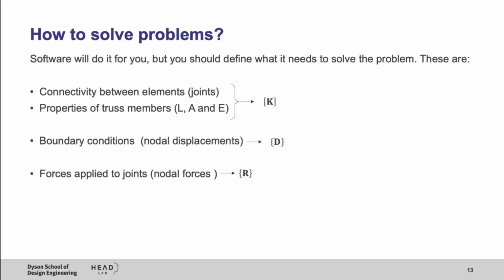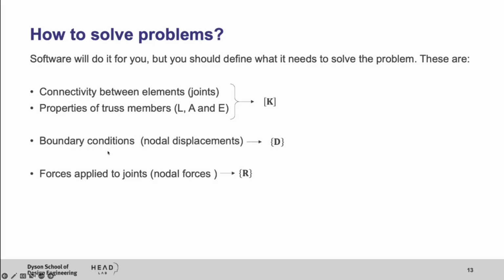You need to define the connectivity between elements or joints. You remember that those 2 elements were sharing node number 2, so it's important for the software to understand which nodes are shared. The other thing you need to provide is the geometry of the different elements, that is length and cross-sectional area, as well as material properties, which in this case is Young's modulus.